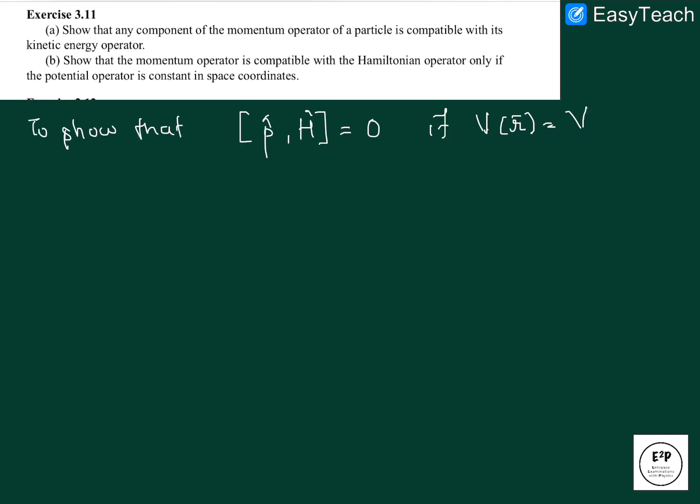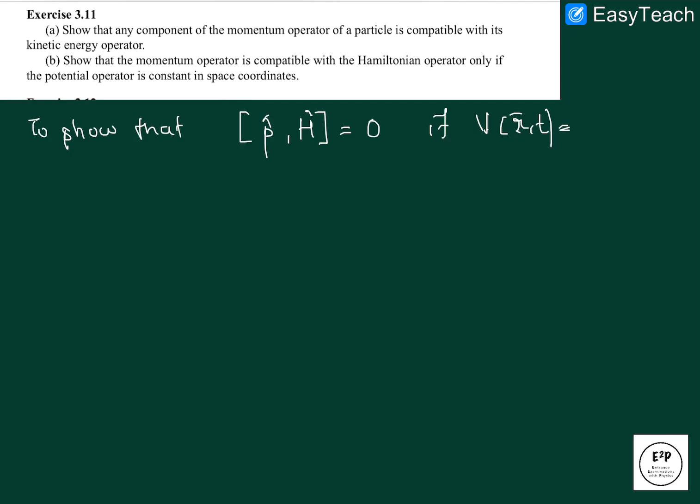Now the important thing here to note is what this means by V of r bar and V. Okay, so let me take a more general potential operator. Let's say my potential is dependent on position and time, but due to the given condition my potential is only dependent on time.